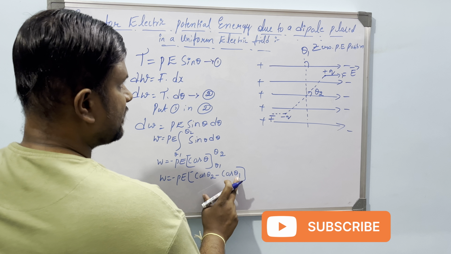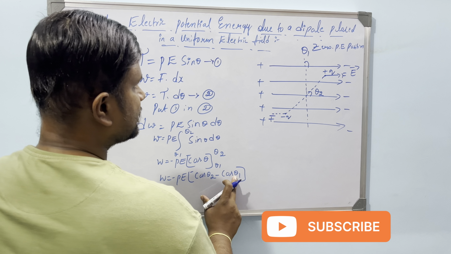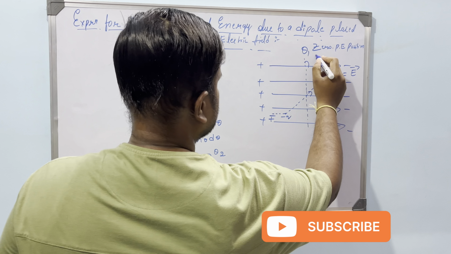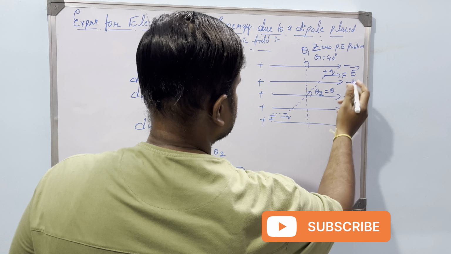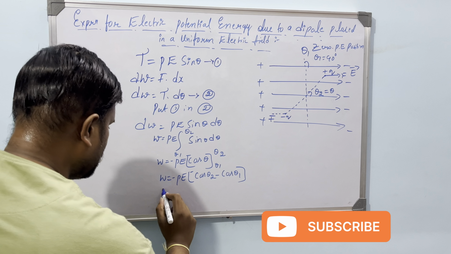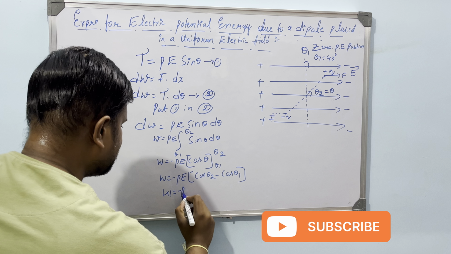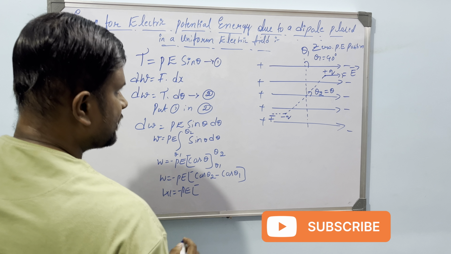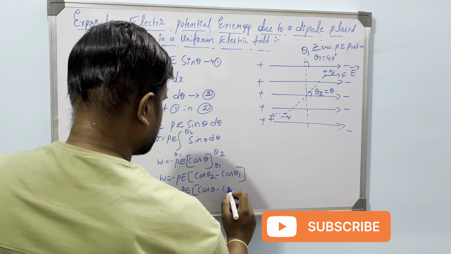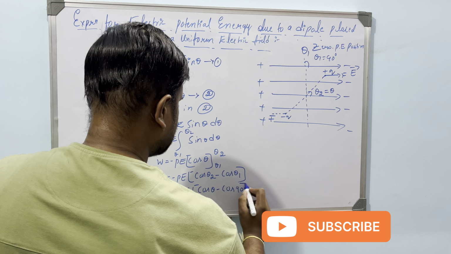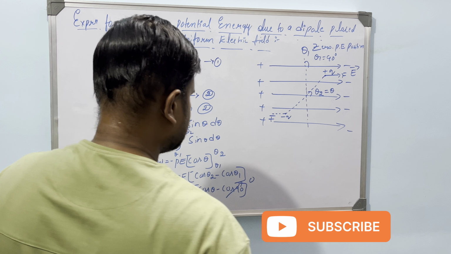What is the theta 1 value? Theta 1 is 90 degrees here, and theta 2 is theta. So W becomes minus PE, cos theta minus cos 90. What is the cos 90 value? Cos 90 is 0.